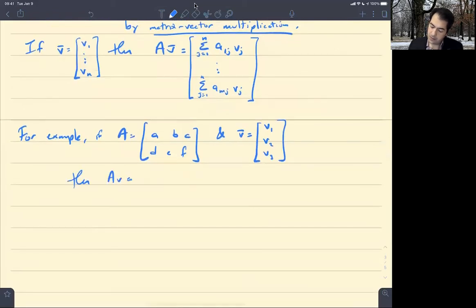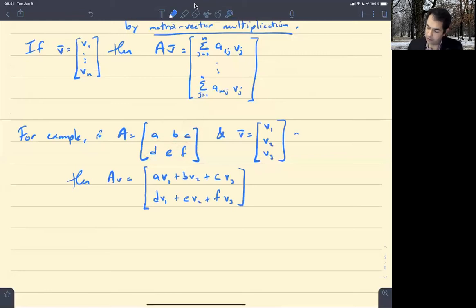Then A times v is going to be a v1 plus b v2 plus c v3, and then d v1 plus e v2 plus f v3. Okay, so notice I started out with a matrix that had 2 rows, and I ended up with a vector that had 2 entries. So if this is in F^3, this is an element of F^2.